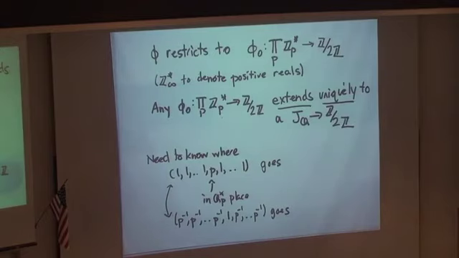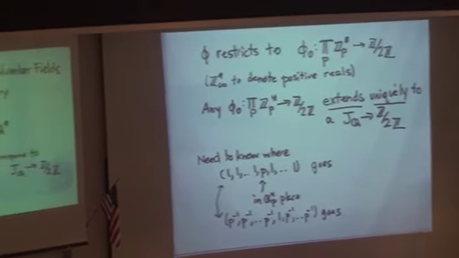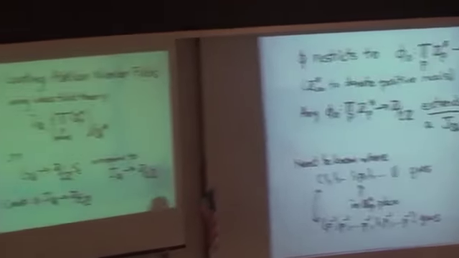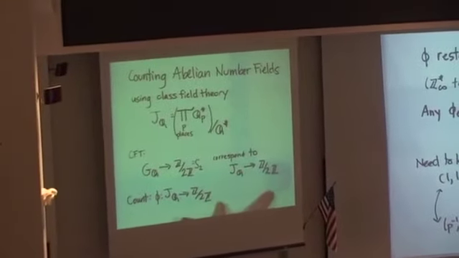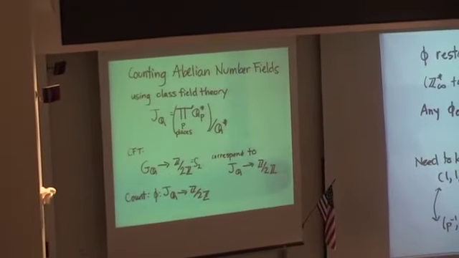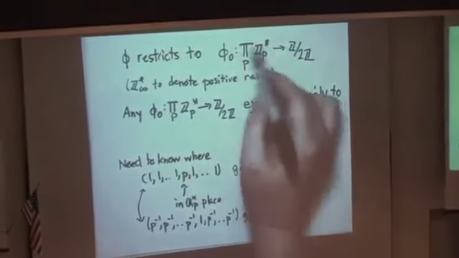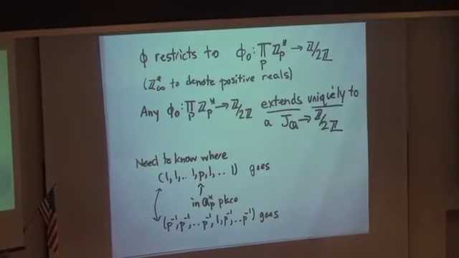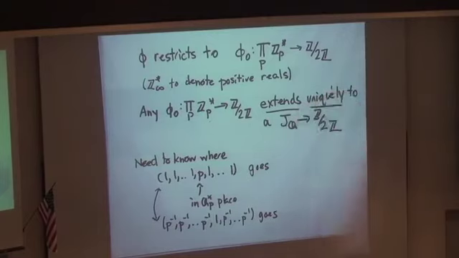So, okay, I was going to count maps from JQ into Z mod 2Z, but I saw that those are the same as maps from this product into Z mod 2Z, because those each correspond to a single map JQ into Z mod 2Z.